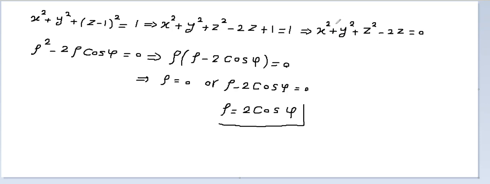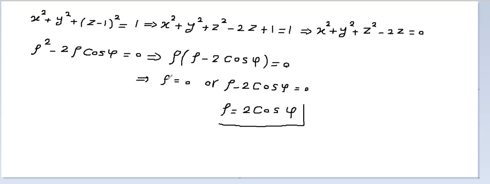Now we want to convert it to spherical. x squared plus y squared plus z squared is rho squared, and 2z is 2 rho cosine phi, so rho squared minus 2 rho cosine phi equals 0. If we factorize rho, we have rho times (rho minus 2 cosine phi) equals 0.